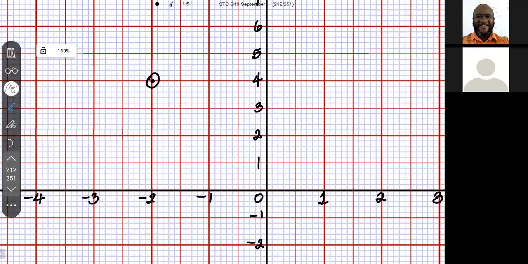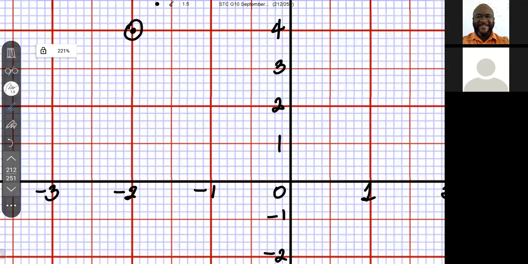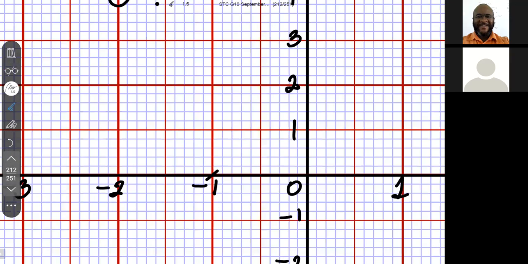This is 1, 0, 0.2, 0.4, 0.6. So 0.5 would be in the middle here. All right. So 1, 0.5 would be about there. That's the point 1, 0.5.